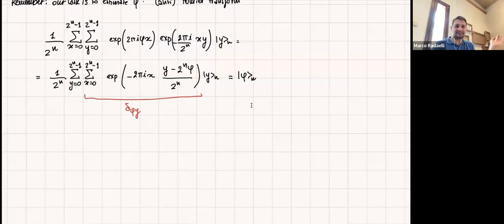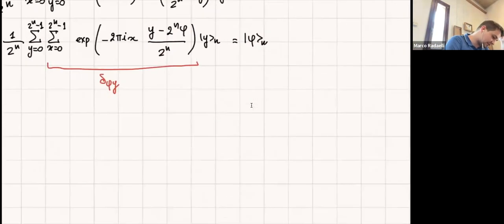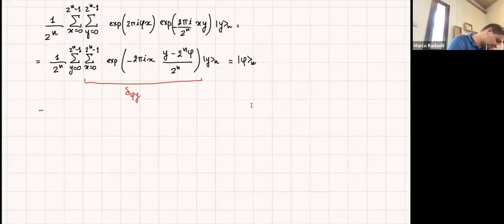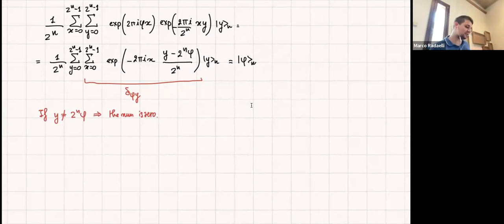It basically means that if y is different from 2 to the n phi, then the sum is 0. Again, I don't think this is very obvious, but it works. If you try with a finite number, like n equal to 3 or 4, it will work.